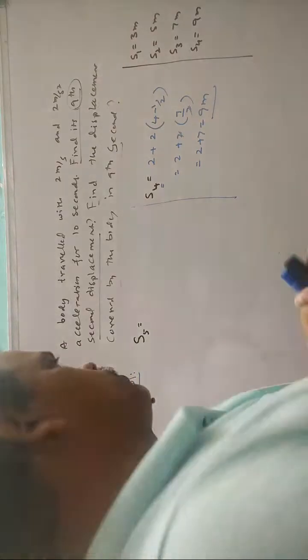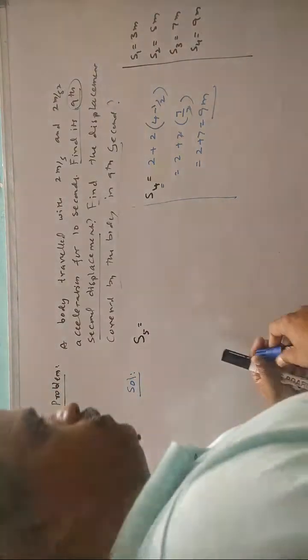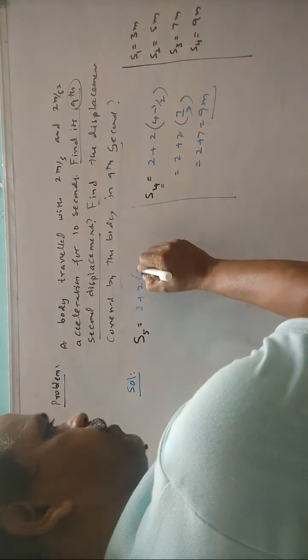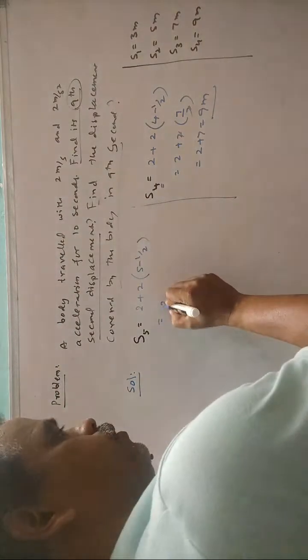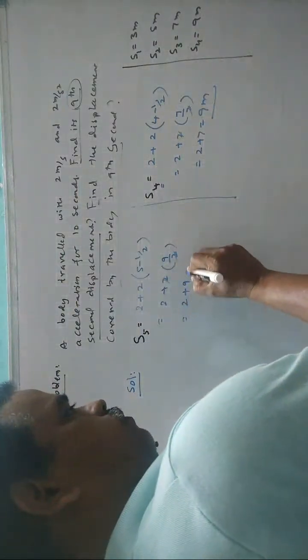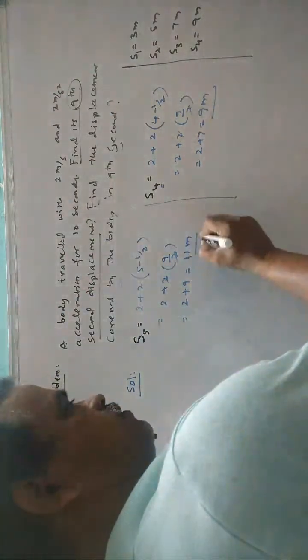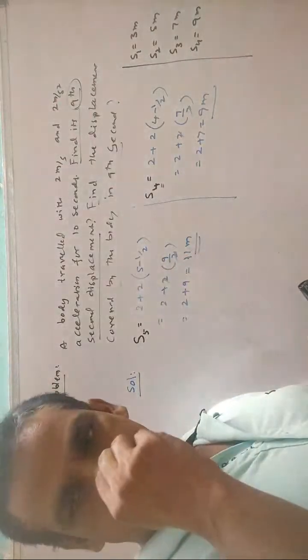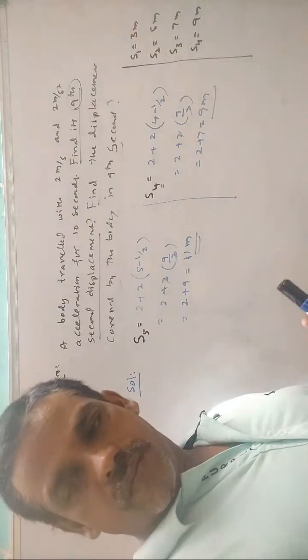Very good. Now you are doing very nice. 5 minus 1 by 2, 2 plus 2, 2 5 is 10, 10 minus 1, 9, 9 by 2, 2 cut, 2 plus 9, 11 meter. Good. Very nice. Okay.